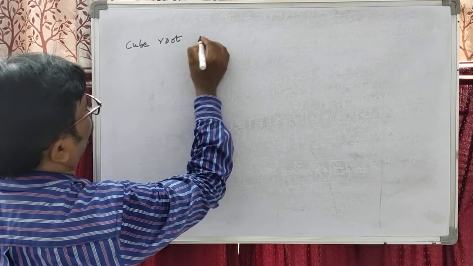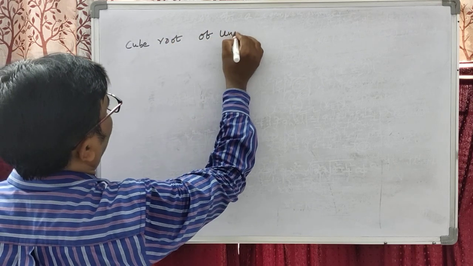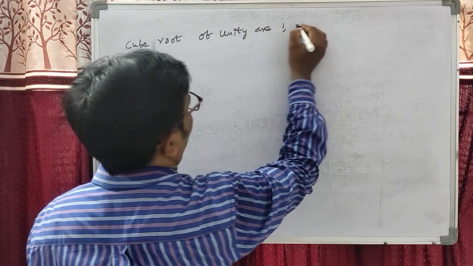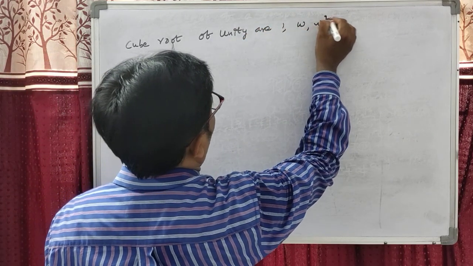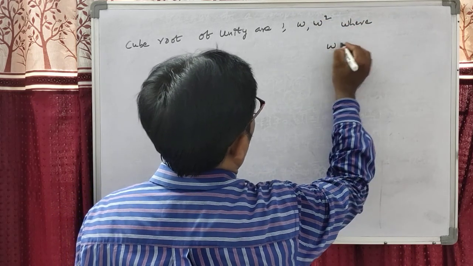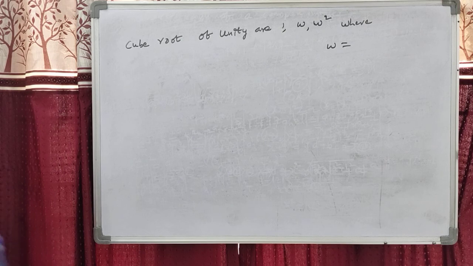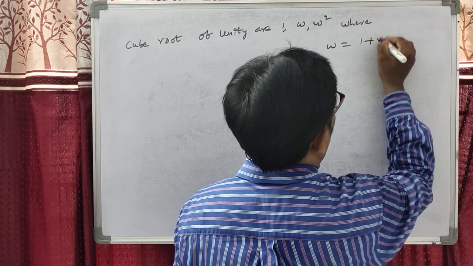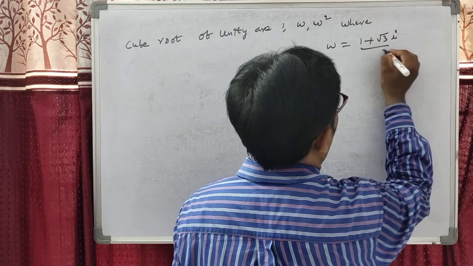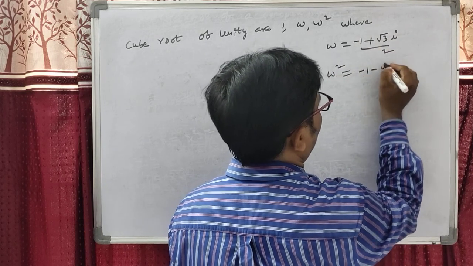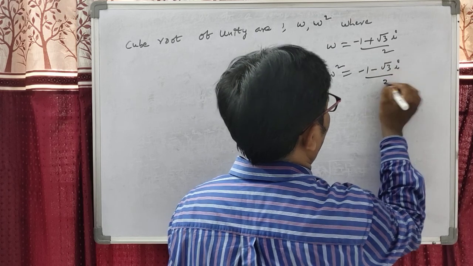The cube roots of unity are 1, omega, omega squared. Write down, students, the cube roots of unity are 1, omega, omega squared, where omega equals minus 1 plus root 3 i by 2, and omega squared is minus 1 minus root 3 i by 2.